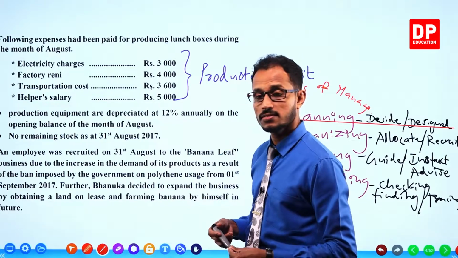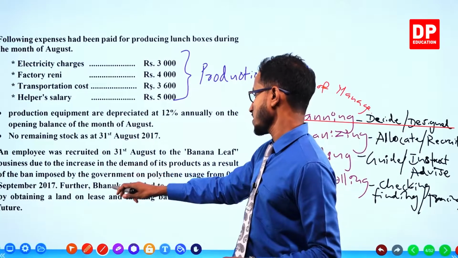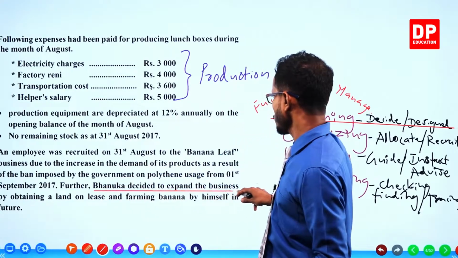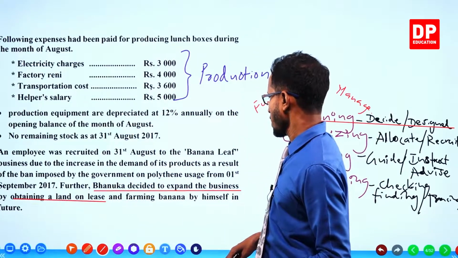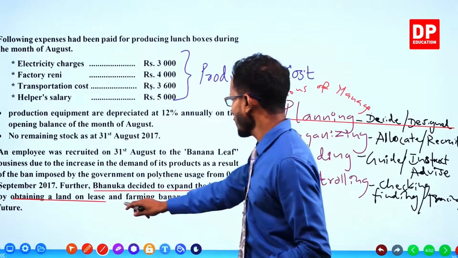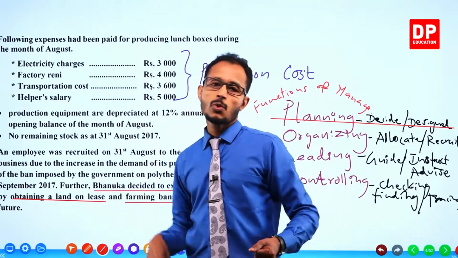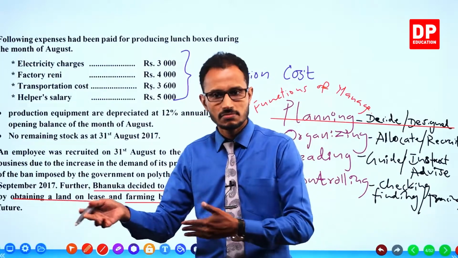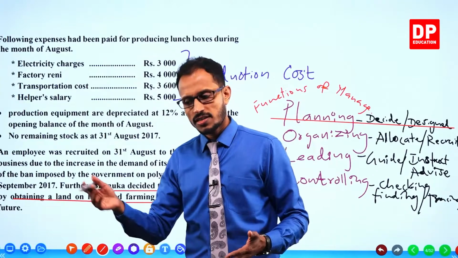Those are planning functions. We have that right here. See, decided to expand the business by obtaining a land on lease and farming banana by himself. Now Bhanuka is going to farm banana without taking from the supplier. For that only he has decided to take the land.